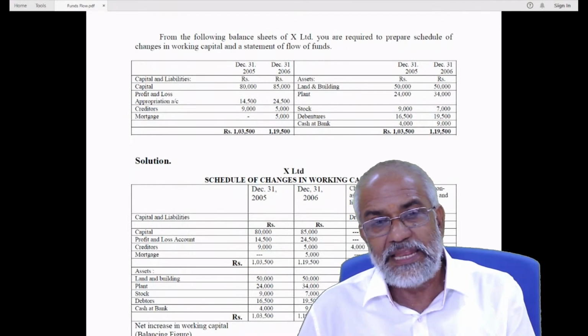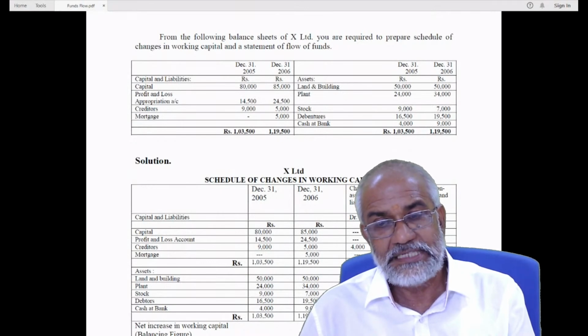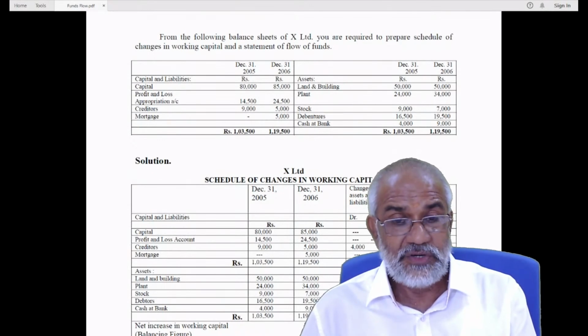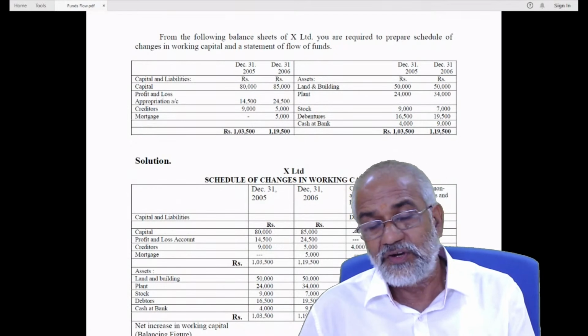Here the balance sheet for 31st December 2005 is given, and the next balance sheet is for 31st December 2006. The liabilities and the assets have been given in the form of the balance sheet. This is the data on the basis of which we would prepare the funds flow statement.